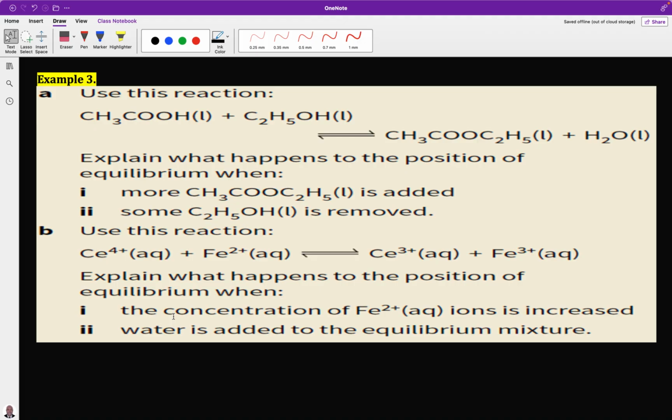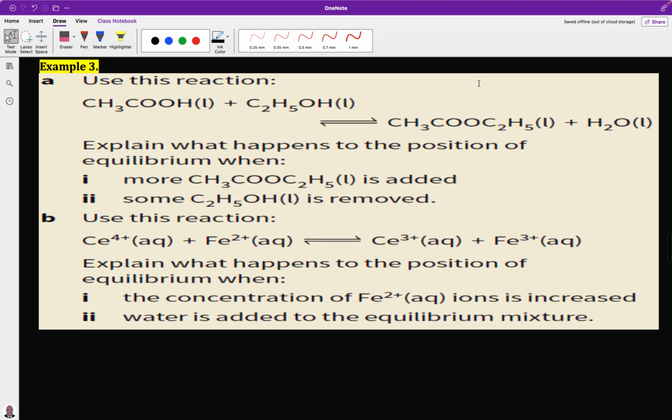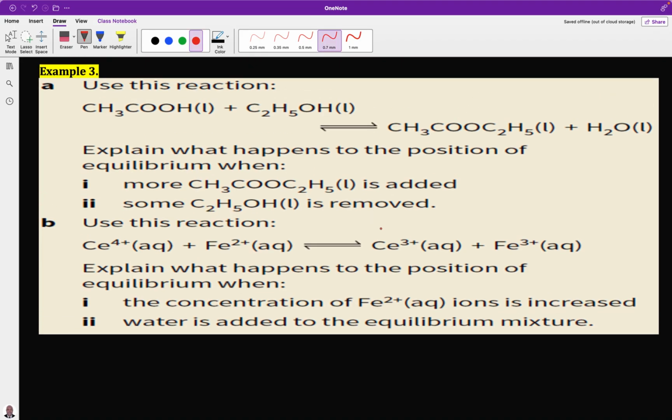Explain what happens to the position of the equilibrium when more of the ethyl ethanoate is added. Okay, when more of the ethyl ethanoate is added, the equilibrium is no longer there.